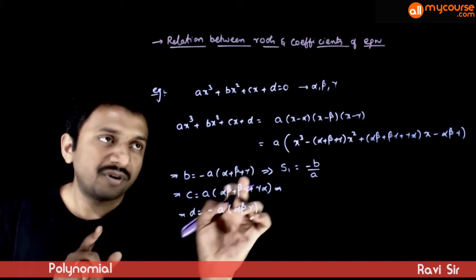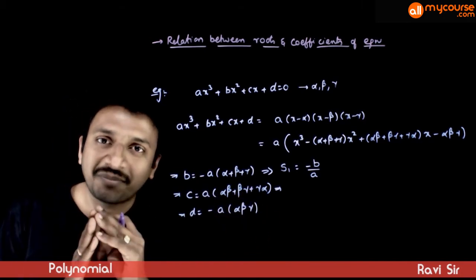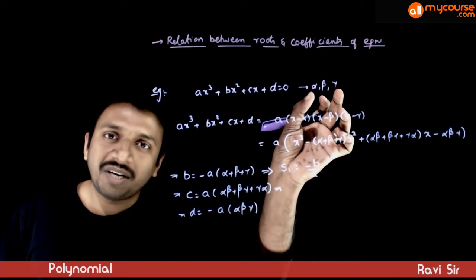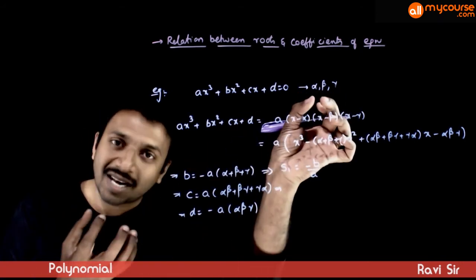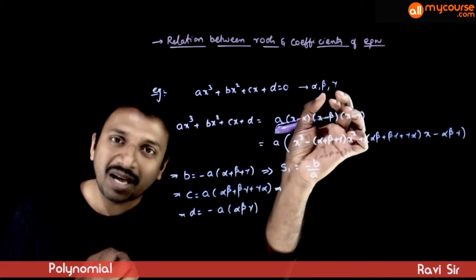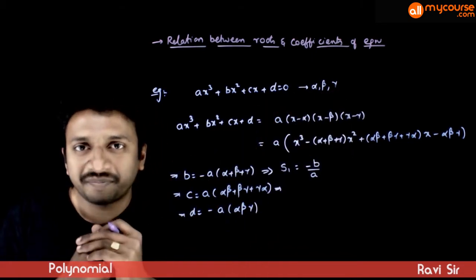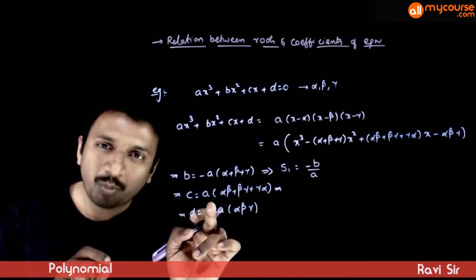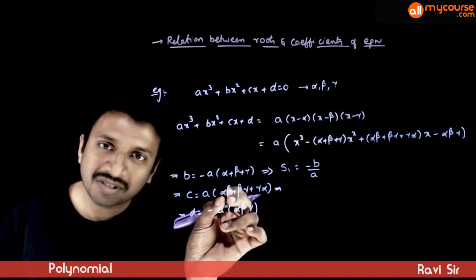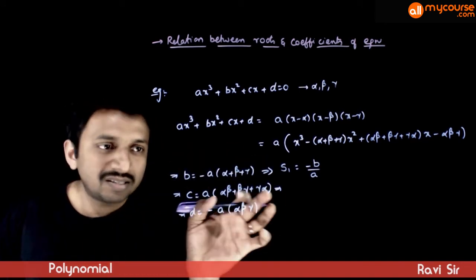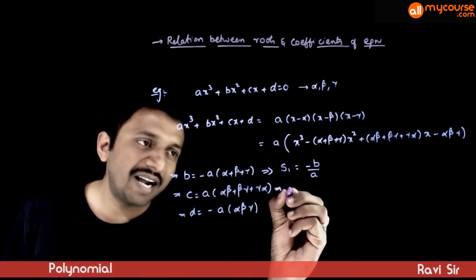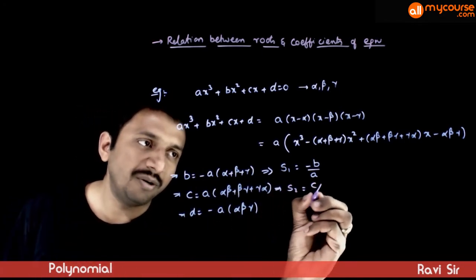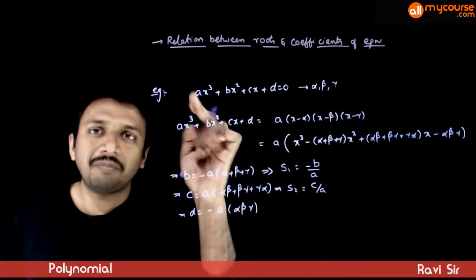You have alpha, beta, gamma. In how many ways can you select two roots? I can select alpha beta, beta gamma and gamma alpha. So this is nothing but the product of two terms and the sum of them, the sum of products of two roots taken at a time. Let us write it as S2, which is equal to the next coefficient by a.